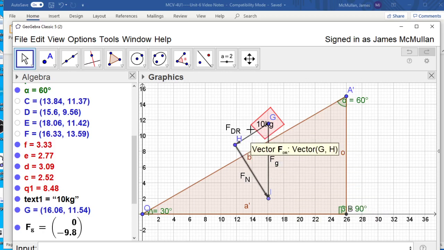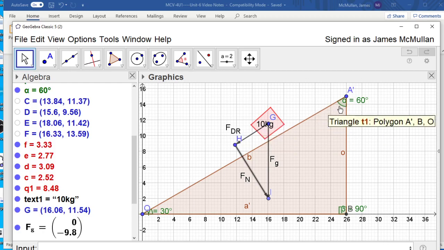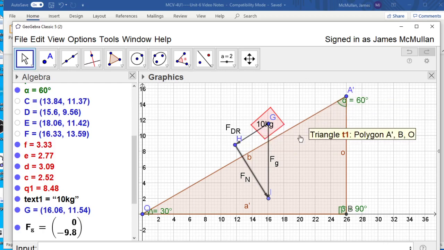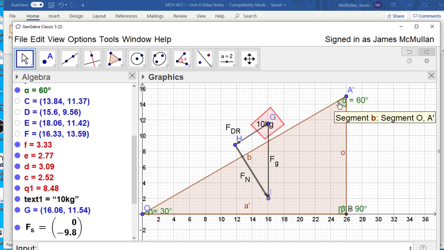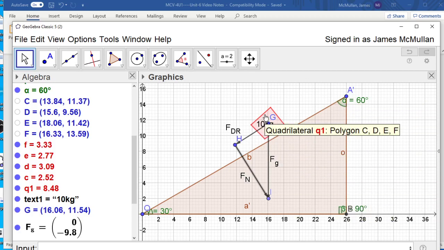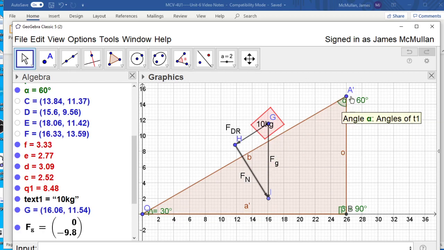Now, in this little triangle I drew, there's a 90-degree angle right at this corner, and the angle at point G has to be the same as 60 degrees because the force of gravity is parallel to this straight line, and the force down the ramp is parallel to the line that goes down the ramp.